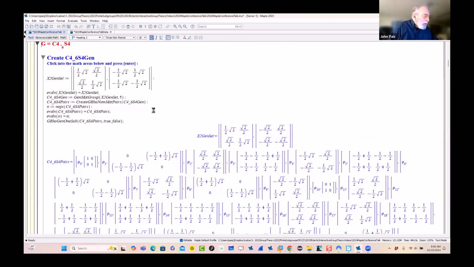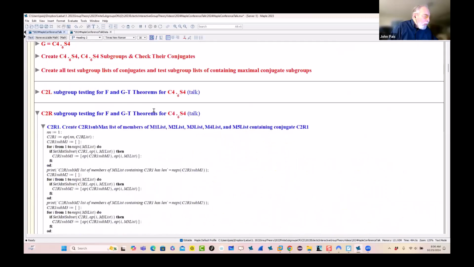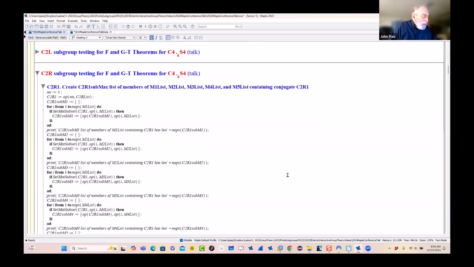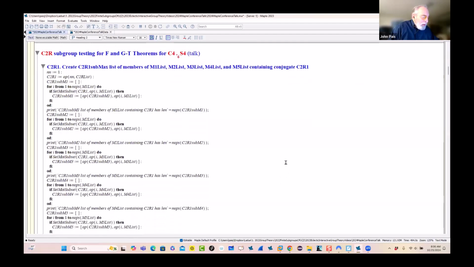And what we need to do is create the ambient overgroup or supergroup, and we also need to create all the subgroups and all the conjugates of the maximal subgroups and the test subgroups we're interested in. Basically, I've done all that already here, and now we need to determine which of the maximal subgroups contain our test subgroup.